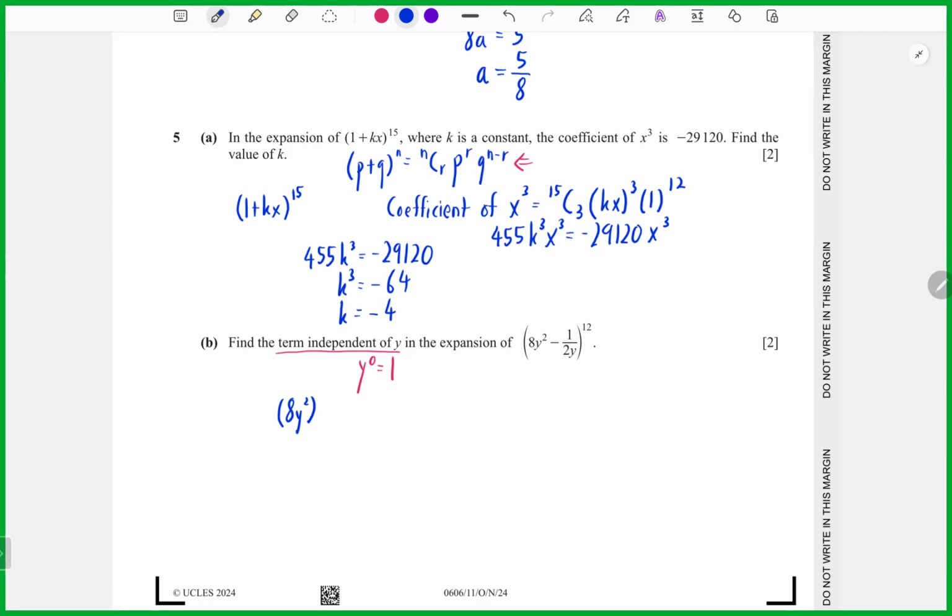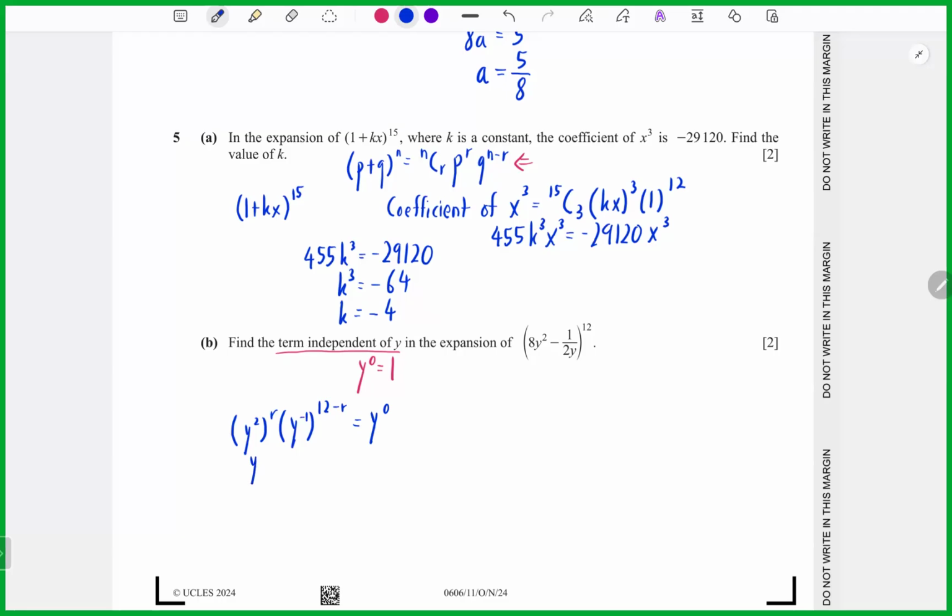So 1 over y to the r means y to the negative r. Then 12 minus r equals y power 0.